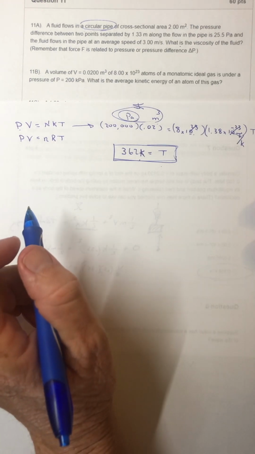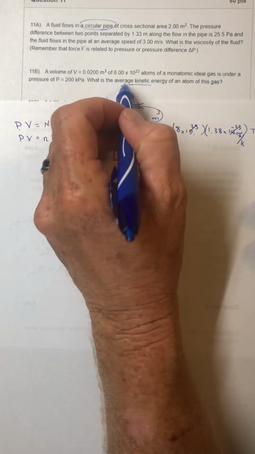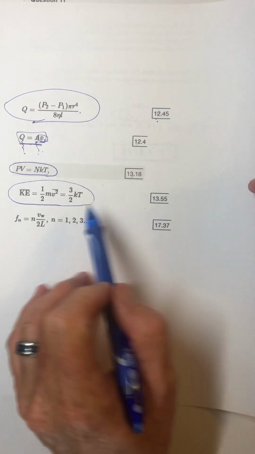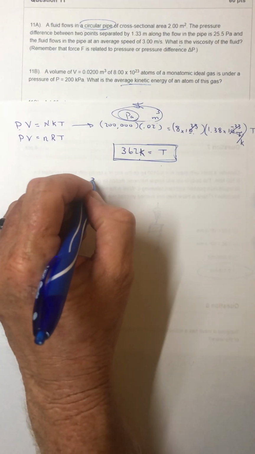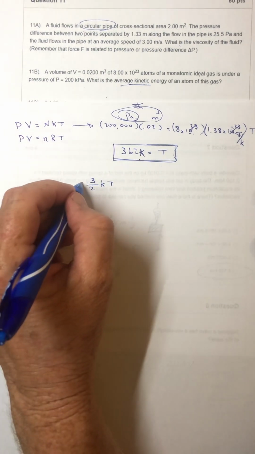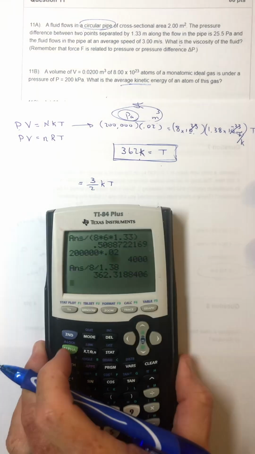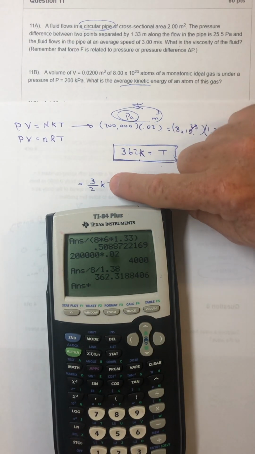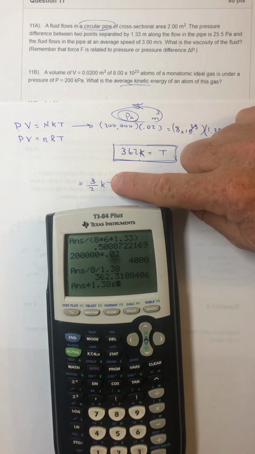Now that being said here, we're still after the average kinetic energy, and so this is that equation 13.55 that we saw on one of the multiple choice ones. But since the temperature is already in my calculator, let me start there. Boltzmann's constant is 1.38 times 10 to the negative 23.